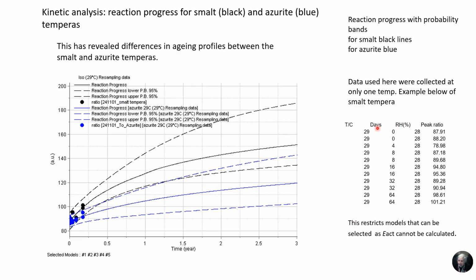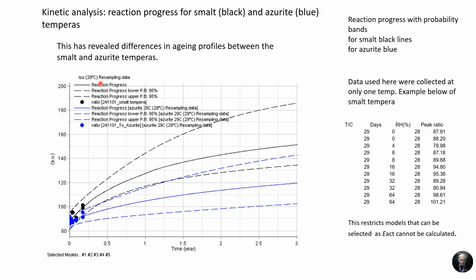So this is the data that I included. The days of aging: control, 4 days, 8 days, 16, 32 and 64, and the temperature, of course, one temperature and one humidity, and I took the values of the peak ratios. And of course, it restricts the models that can be selected, as you can't actually calculate an energy of activation from this.